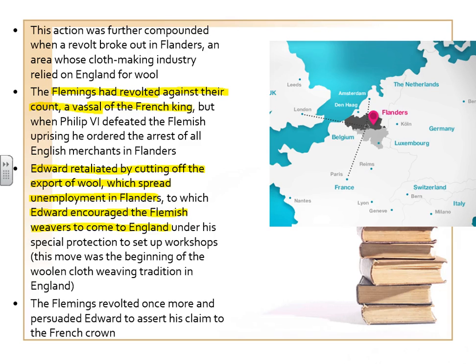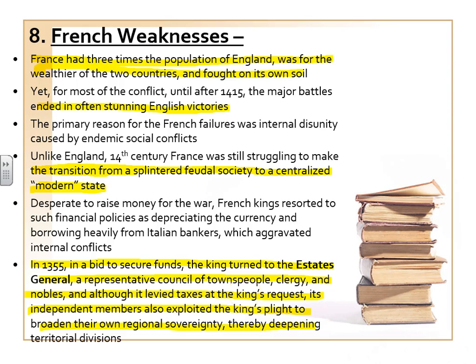All right, and so what Edward does is he retaliates by cutting off the wool to Flanders, and he encourages a lot of those weavers to come to England, which they do. All right, so it was kind of a tit for tat, and war will soon ensue.